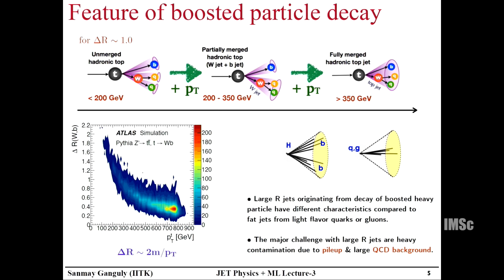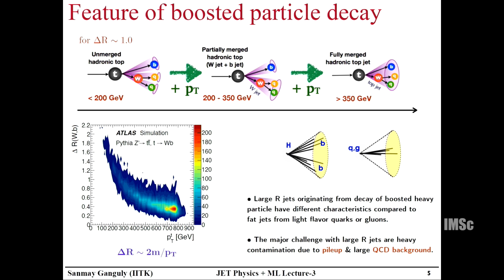Good. So here then became one of the major questions. I want to tag Higgs because I'm interested in studying Higgs. Higgs decays to a b b-bar, but something else also splits into a b b-bar, which is a gluon.